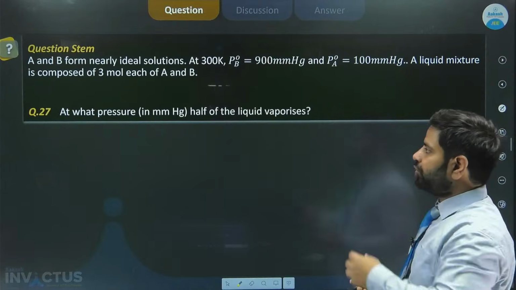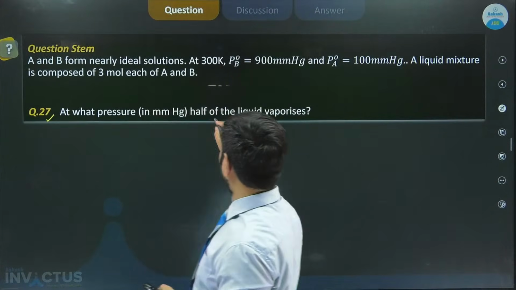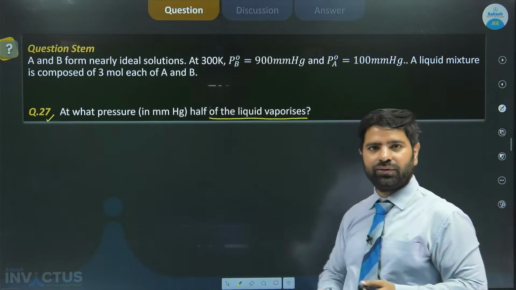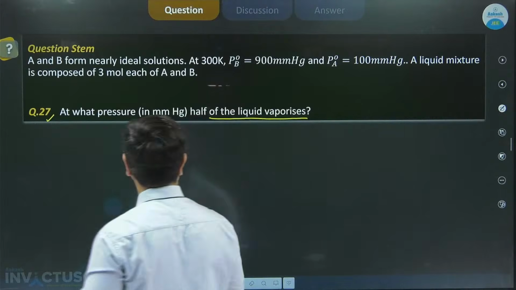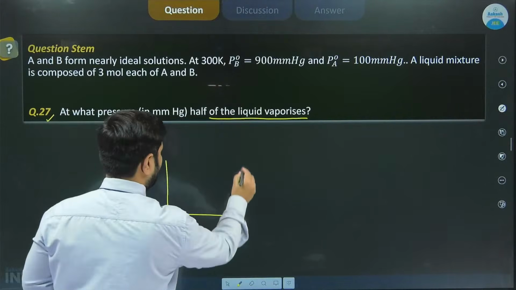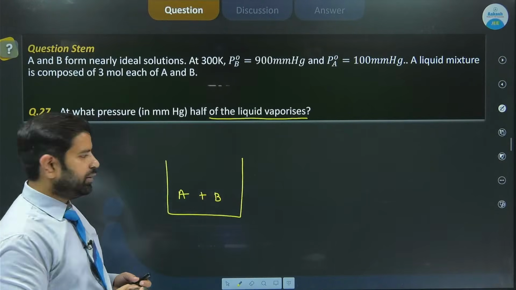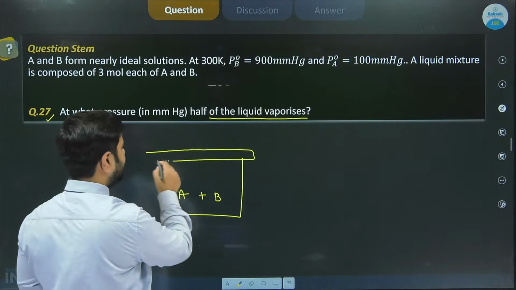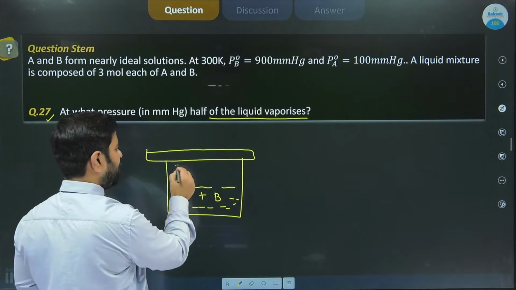Okay, what is the next question? Question 27: at what pressure is half of the liquid vaporized? So what can we think about here? Let's say we have a liquid mixture of A and B, and this liquid mixture is getting vaporized.